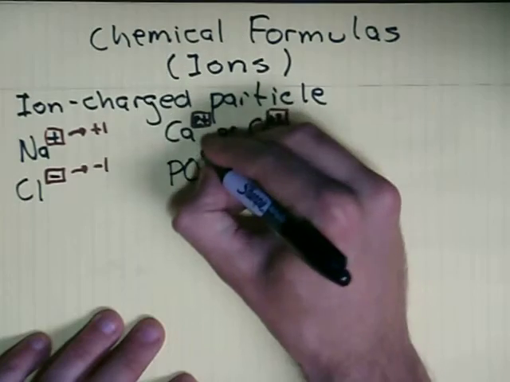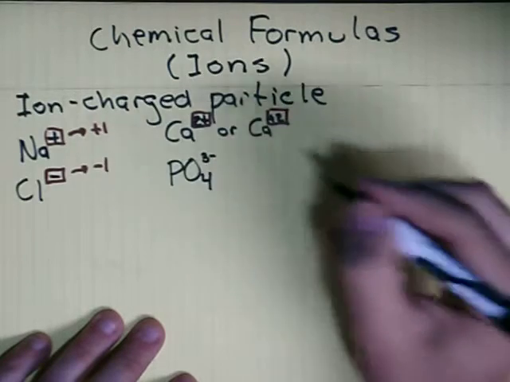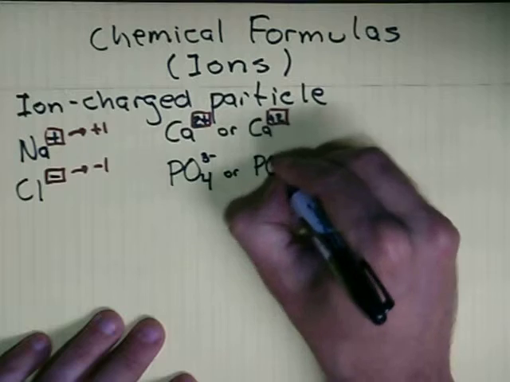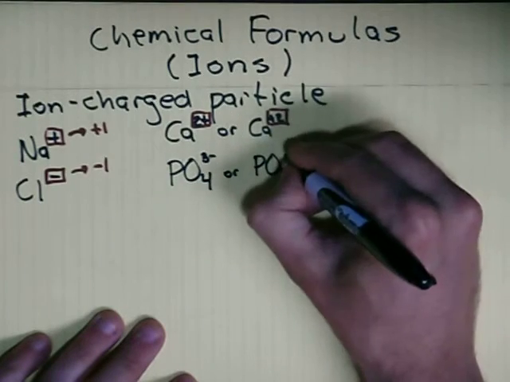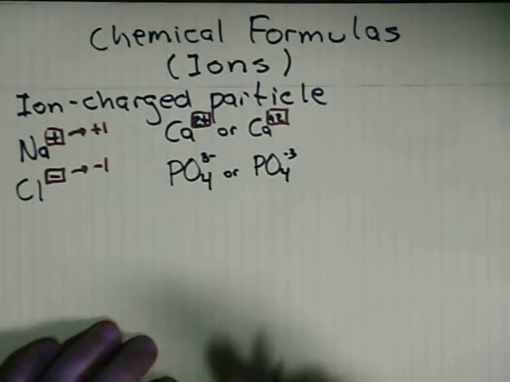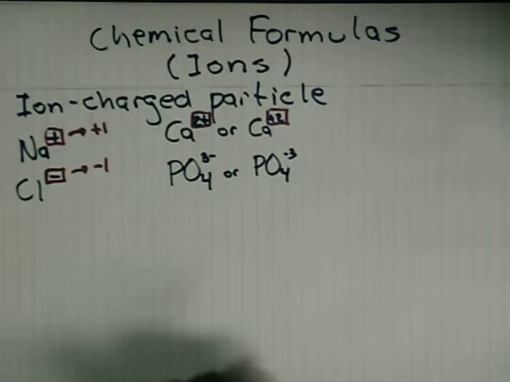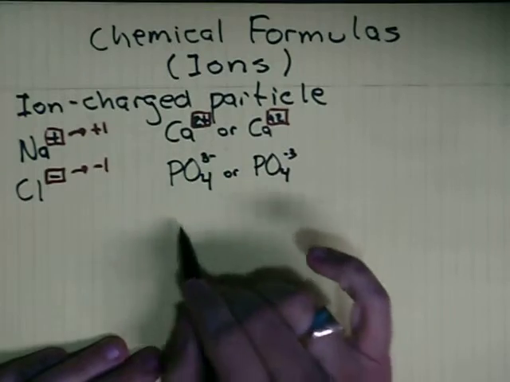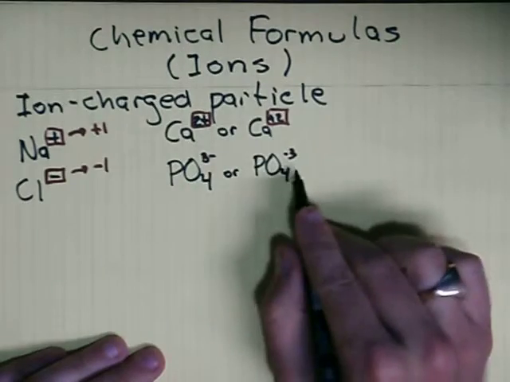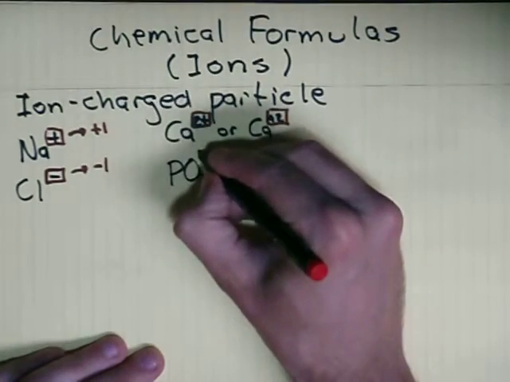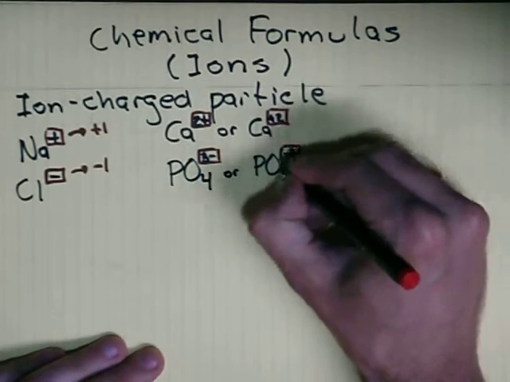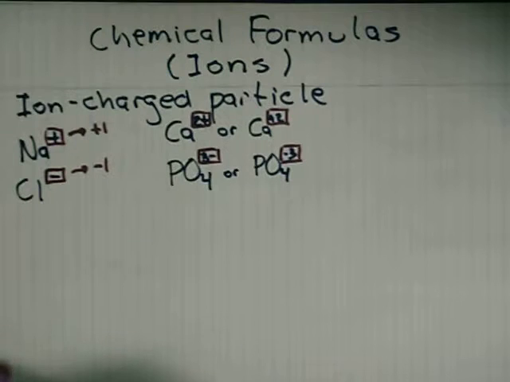And we see this written 3 negative or PO4 -3. You'll see it written both ways, 3 negative or -3. So, when we look at this, PO4 3 negative, PO4 -3, there are 2 things that go on with that. Up here in the top right, this tells us that it has a charge of -3.